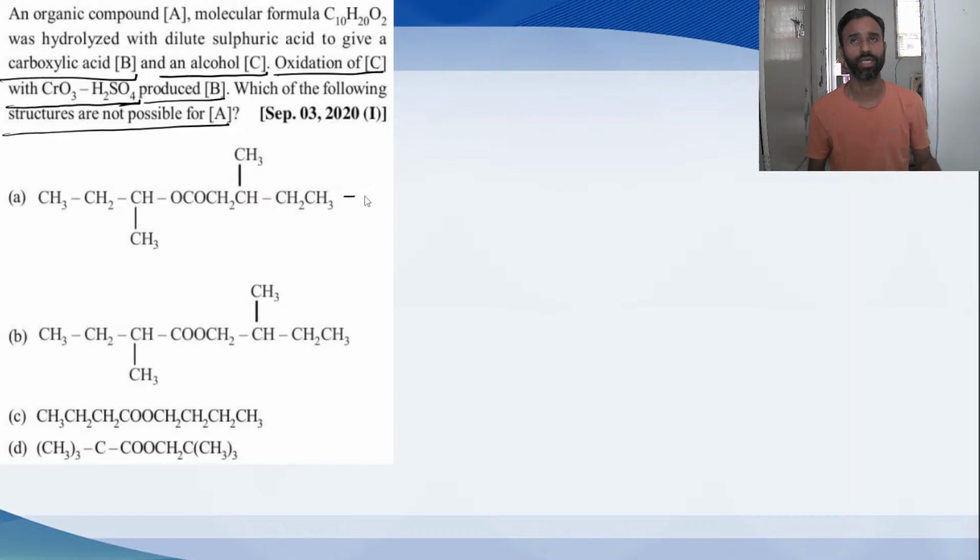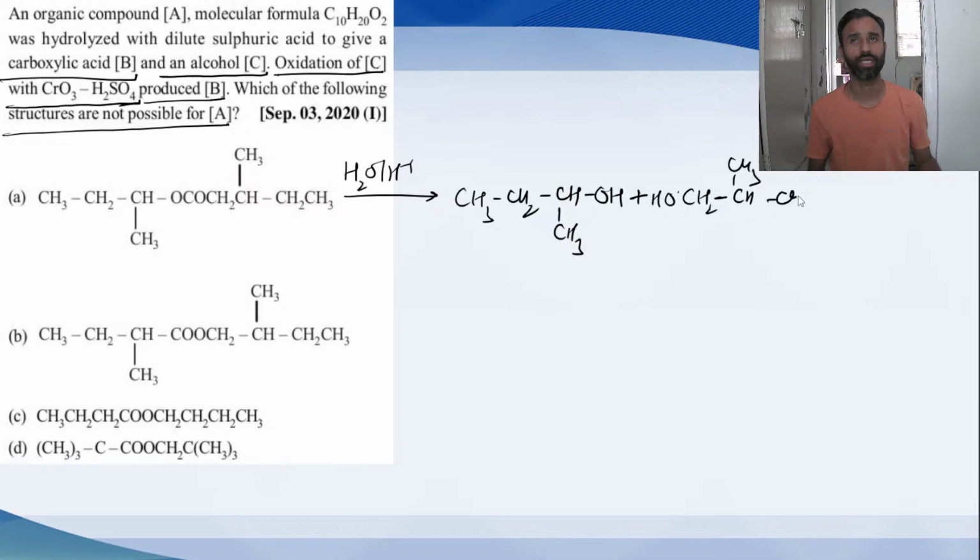So in the first case, if we hydrolyze it, what is the product formed? CH3CH2CH3 with CH3OH along with CH2OH, CH3CH2CH3, and COOH, CH2, CH3CH2CH3. 1, 2, 3, 4, 5, 6, 7, 8, 9, 10, 11.